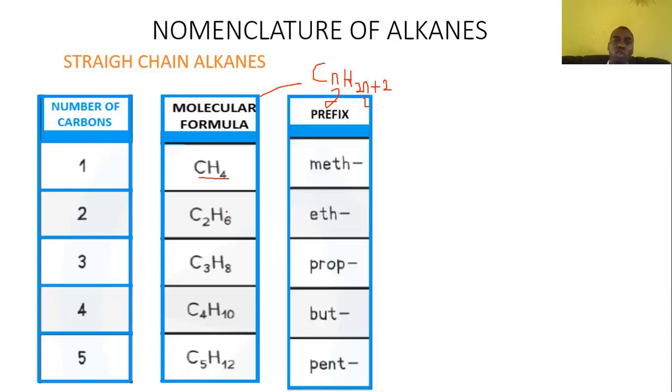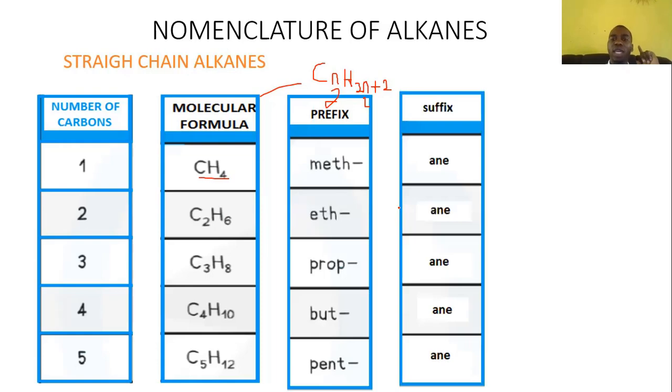All right, so number of carbons, we've got the molecular formula there. Then we also have the prefix. Remember, prefix meth means 1, eth means 2, prop means 3, but means 4, pent means 5. Because we are looking at the alkanes, generally the suffix for all alkanes, it doesn't matter the number of carbons, is simply ANE.